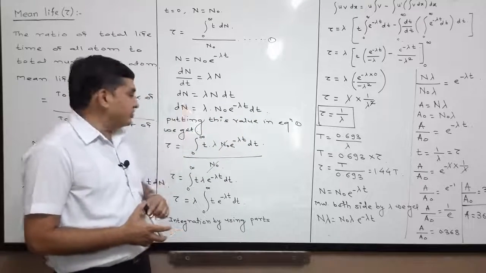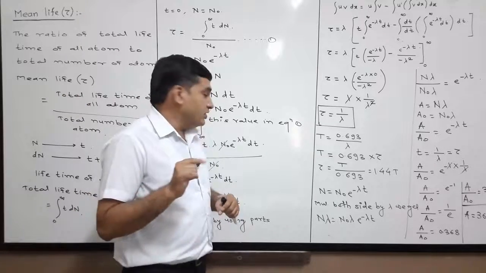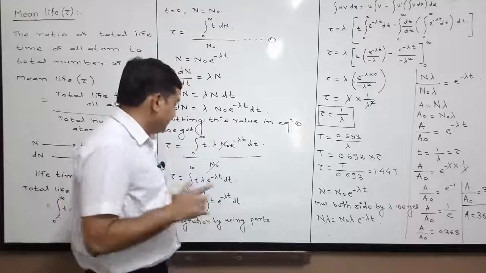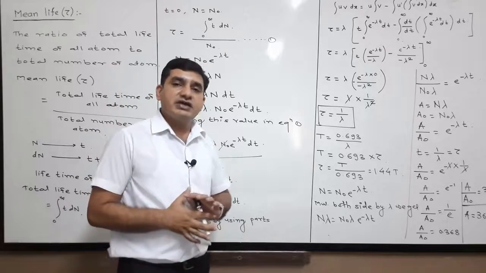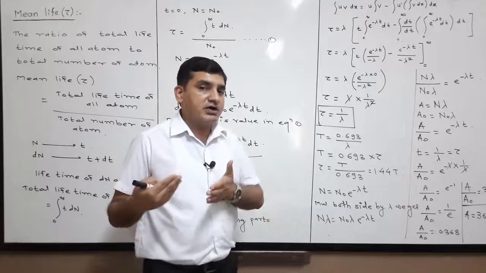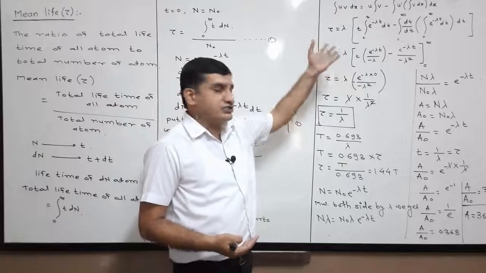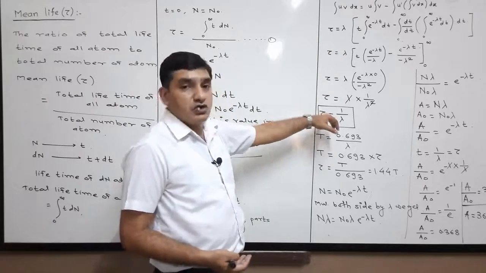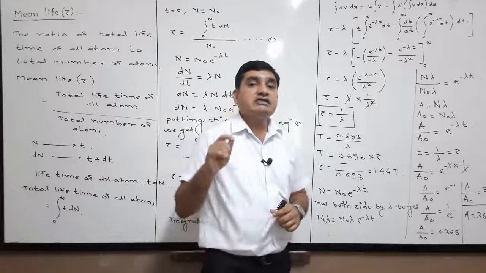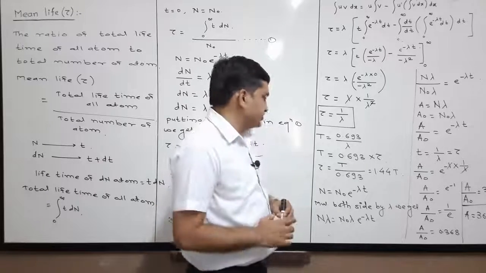Putting this value in the above equation, we get the integration from 0 to infinity of t into lambda N0 e raised to minus lambda t dt divided by N0. N0 gets cancelled. Then taking lambda outside the integration and solving the integration by parts, we get tau is equal to 1 upon lambda. That is, mean life is the reciprocal of the decay constant or disintegration constant.